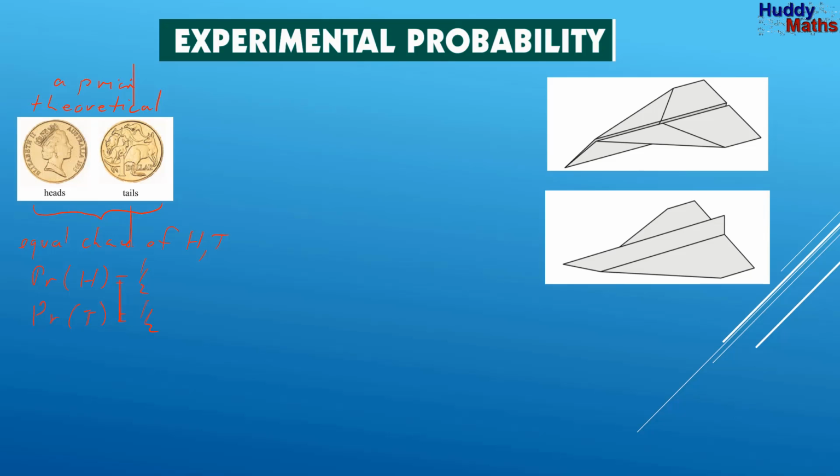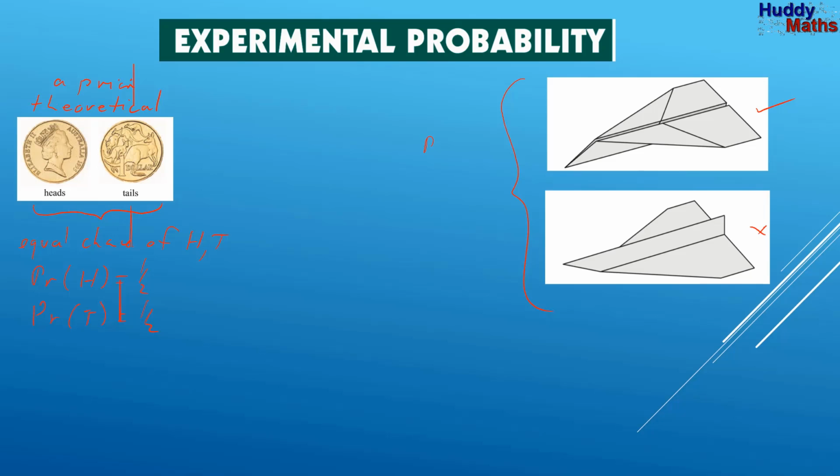But sometimes, come over here, look at this. I've made a glider or a dart, whatever you want to call it, a paper plane. It's got 2 ways of landing: right way up, which we hope, or wrong way up, upside down, which we don't want, particularly if you're on the plane. So here, can we say that there's a half of each?